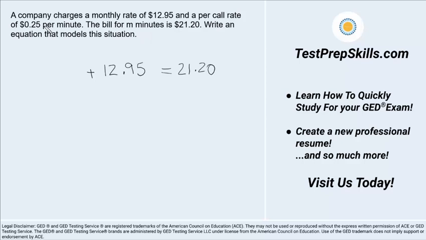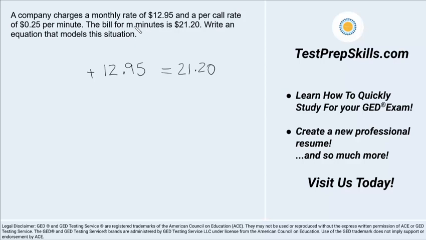So how do we combine those? How are we going to get them together? We know it's $0.25 per minute. And we know we have this m number of minutes. We need to multiply our per minute rate by our number of minutes.